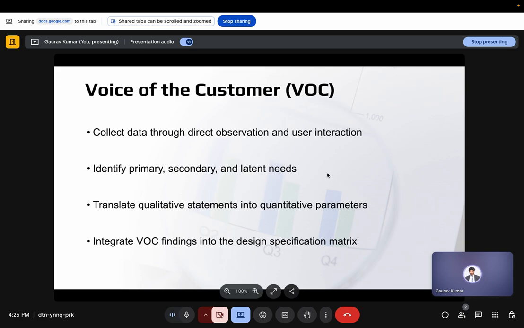So VOC is integrated into a specifications matrix, so nothing is lost as the project moves from words to numbers to parts.